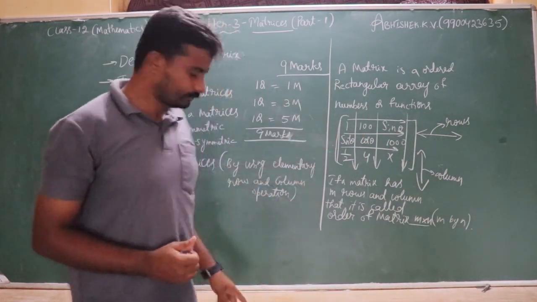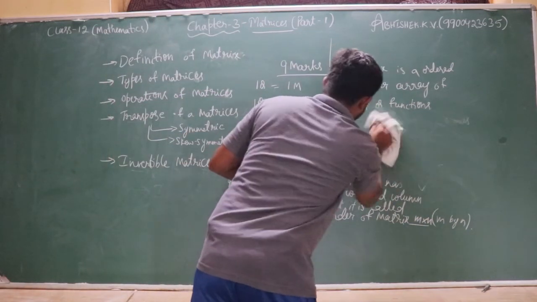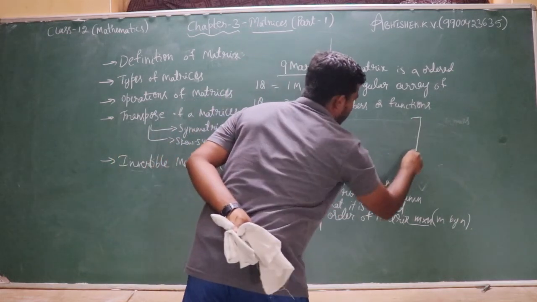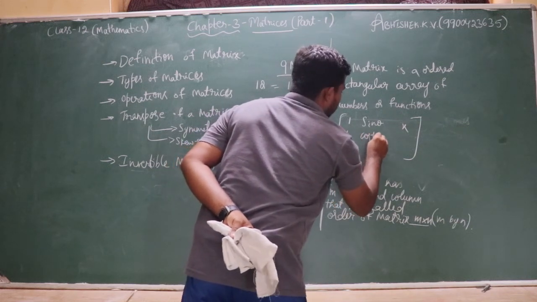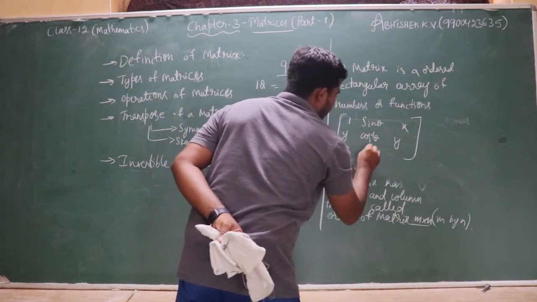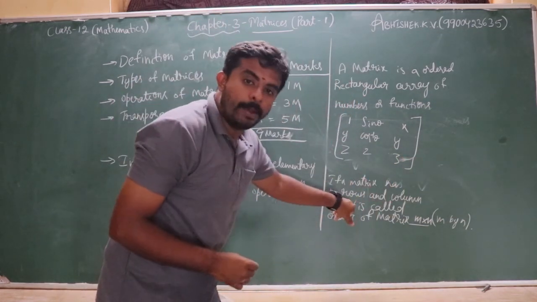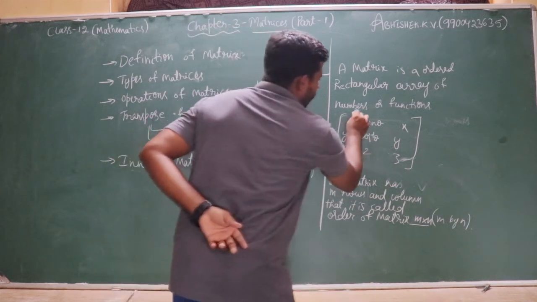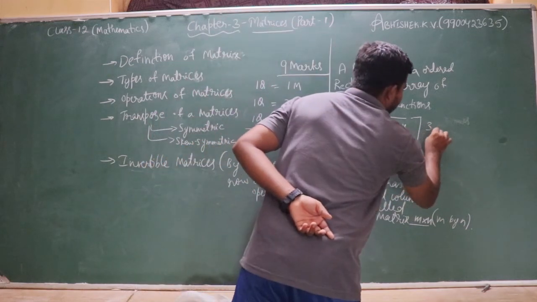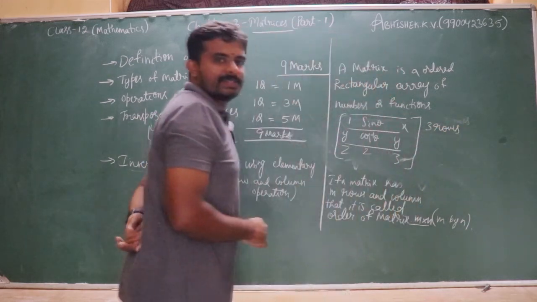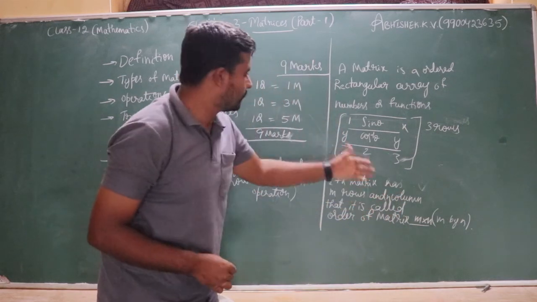See, here if I consider this matrix, that is 1, sin theta, x, y, cos inverse theta, y, z, 2, 3. If a matrix has m rows, how many rows do we have? See, 1 row, 2 row, 3 row. That is, the matrix has 3 rows and n columns. How many columns do we have?